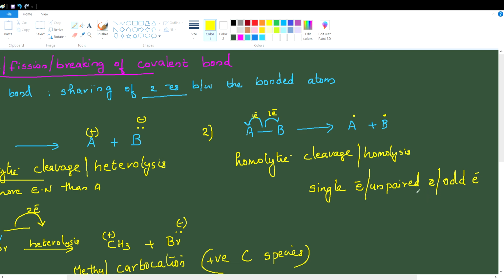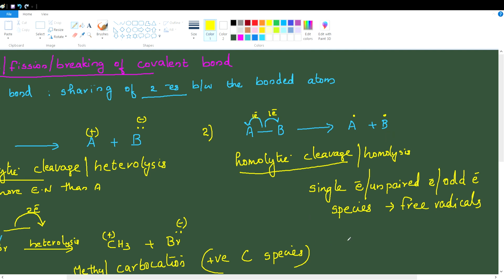This odd electron species formed as a result of homolytic cleavage are called free radicals. What do we call them? Free radicals. So this is A free radical, this is B free radical.